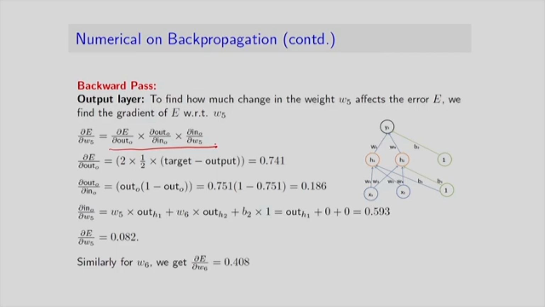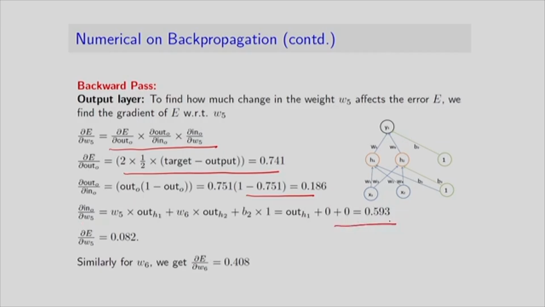So delta E divided by delta out, by considering this, I can determine this differentiation. Delta out 0 divided by delta IN 0, that also I can determine, and delta IN 0 divided by delta W5, that also I can determine.